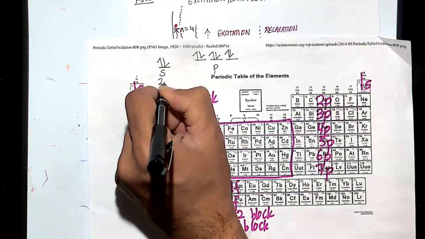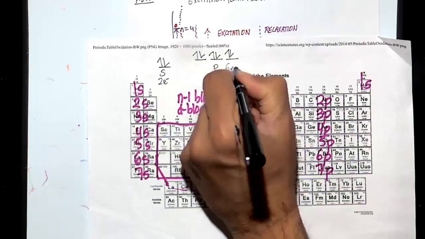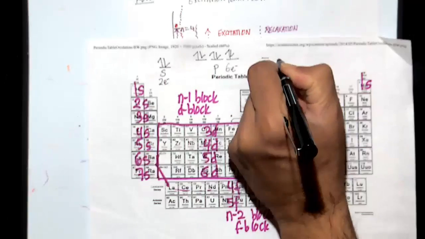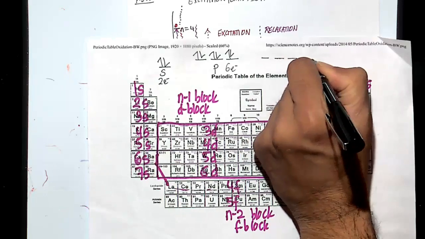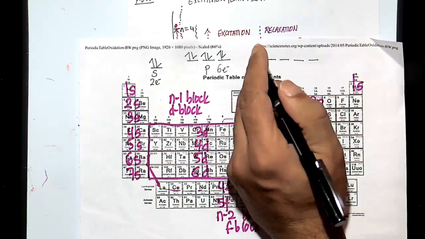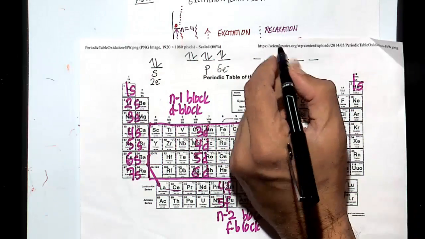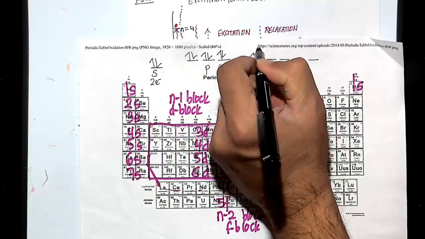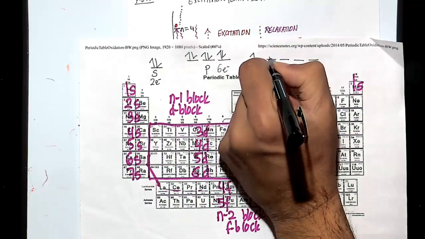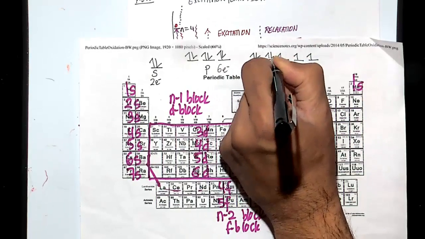So s can hold 2 electrons. p can hold 6 electrons. Finally, how much can the d hold? This has 5 subshells. How many can d hold? 10 electrons in the d orbital, right? So again, how do they go in? Spin up, spin up, spin up, spin up, spin up, and then they pair up.